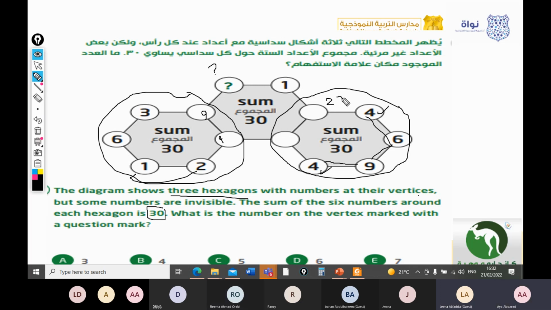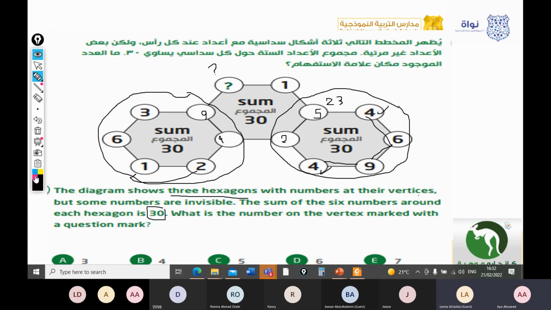So now I need two numbers to make this number 30. So we put 5. And now we put 2. It's 28.